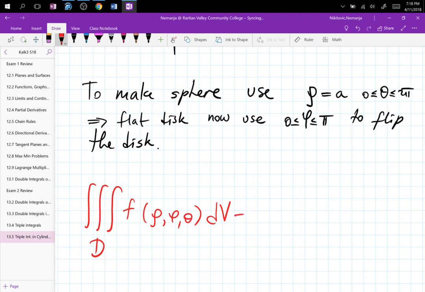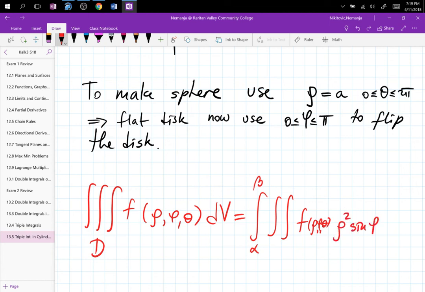The most general case that we deal with is going to be the alpha and, well, let me just do the f, and then I don't have room for all, rho, phi, theta, there we go. We have a rho squared sine phi, d rho, d phi, d theta.